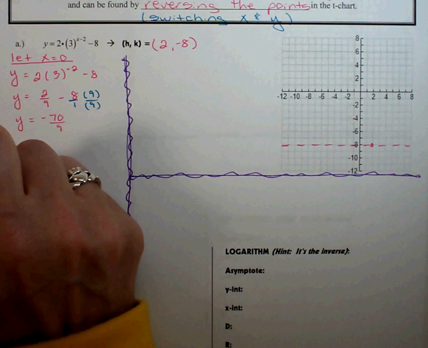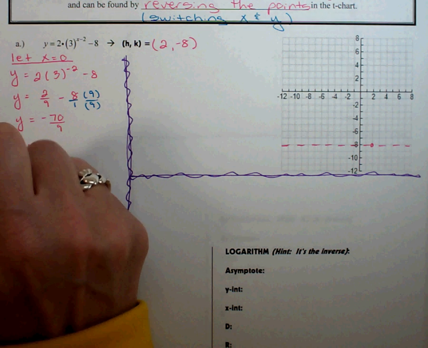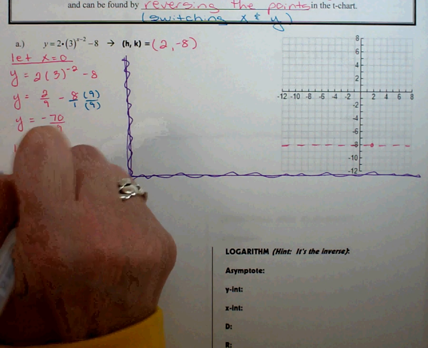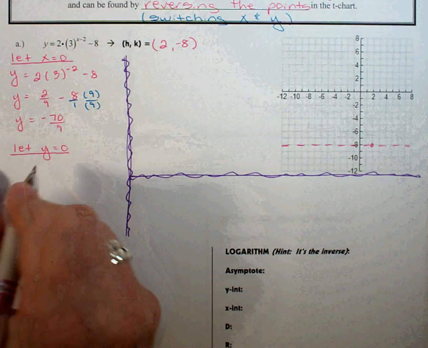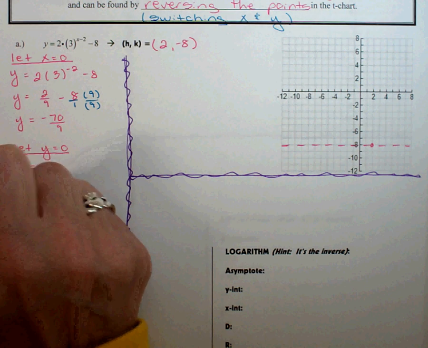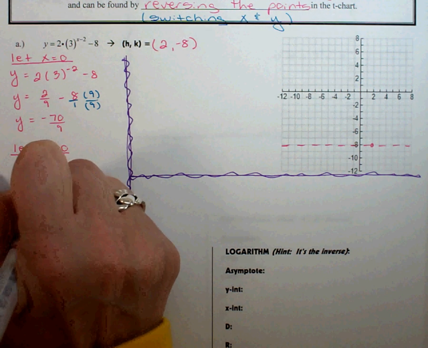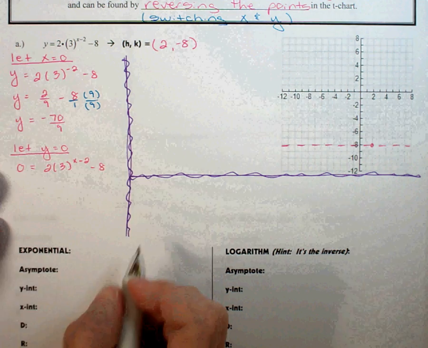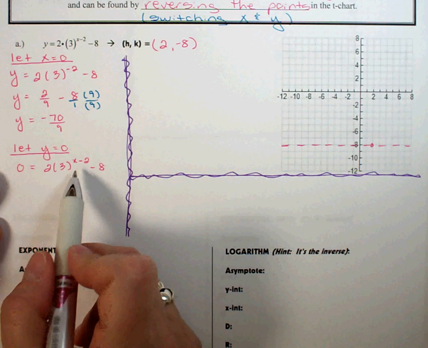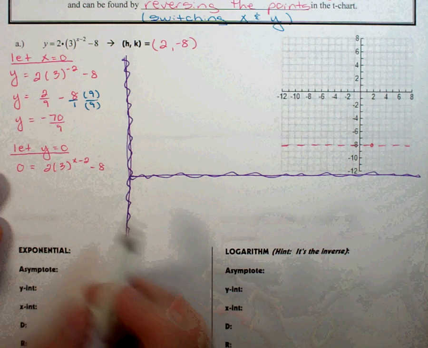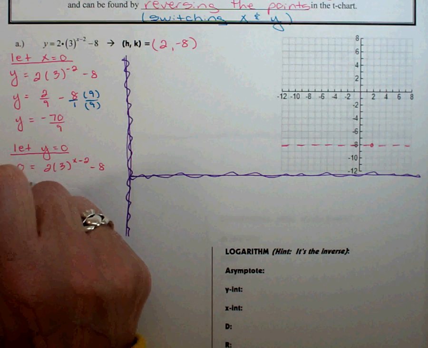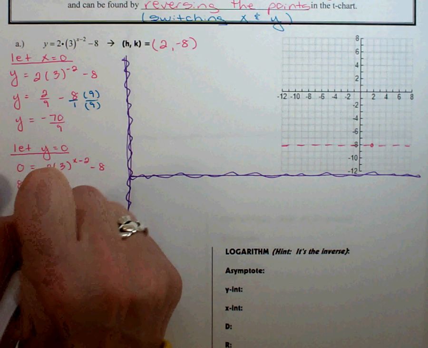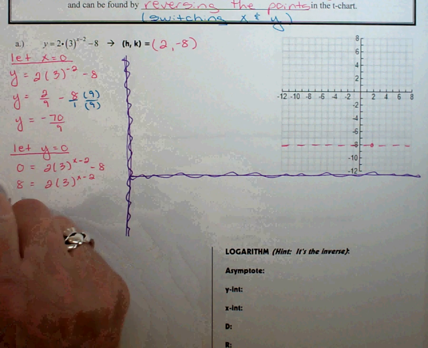I can also find my x-intercept by letting y equal 0. So I have 0 equals 2 times 3 to the x minus 2, minus 8. So I'm just going to solve this simple exponential, add my 8 to both sides, divide by my 2.